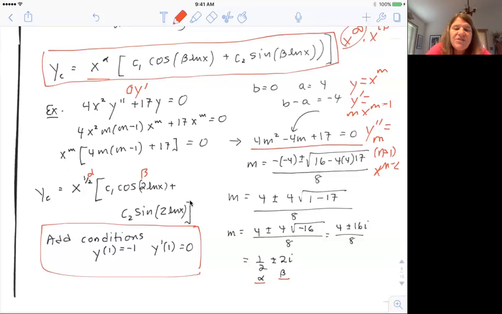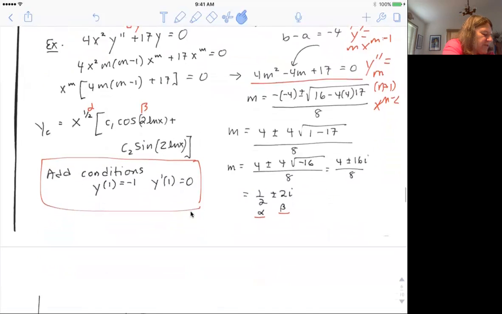And since this was a homogeneous equation, that's all I have to worry about in this one. Okay, so let's see what we can do by using the conditions to find C1. We'll finish it up that way. All right, everybody okay on the form here? It's x to the 1/2, and then for every one of these roots, C1 cosine 2 log x, C2 sine 2 log x.